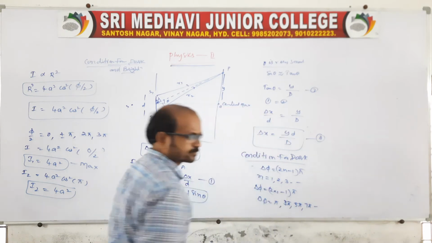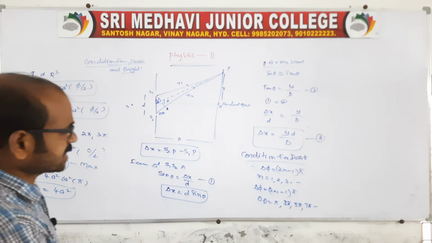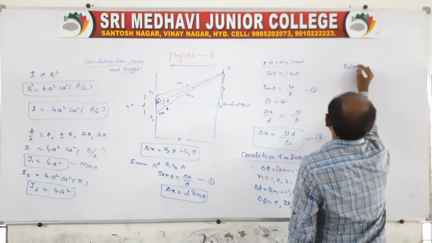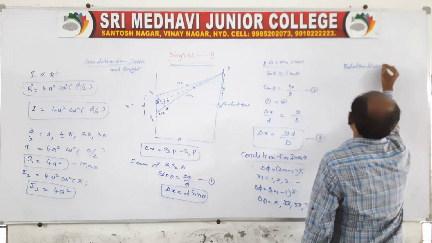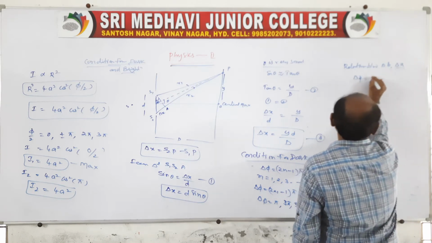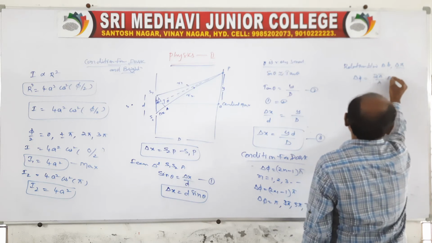Now using this expression, there is a relation between delta pi as well as delta x, that is delta pi is equal to 2 pi by lambda into delta x.